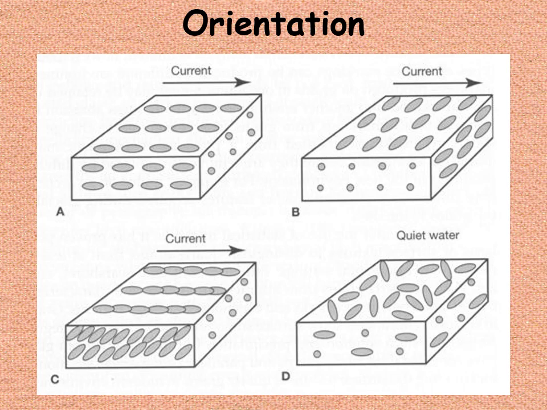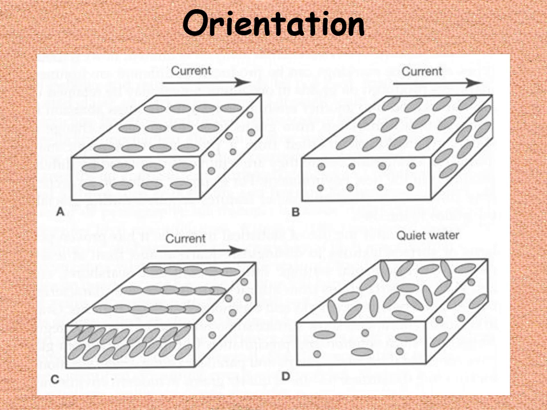But the same grain, if it moves as a floating grain, that is in suspension, then like a ship, its long axis or major axis is parallel to the flow direction, and its short axis is perpendicular to the flow direction.